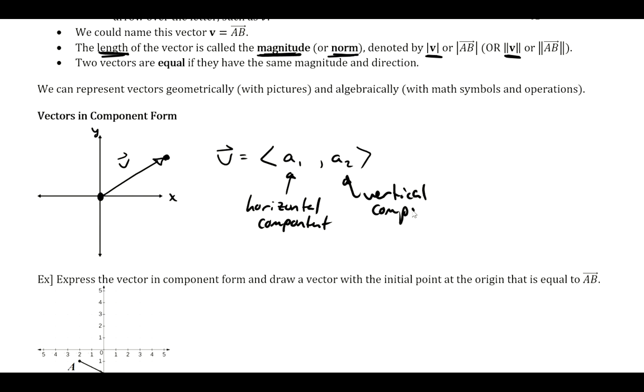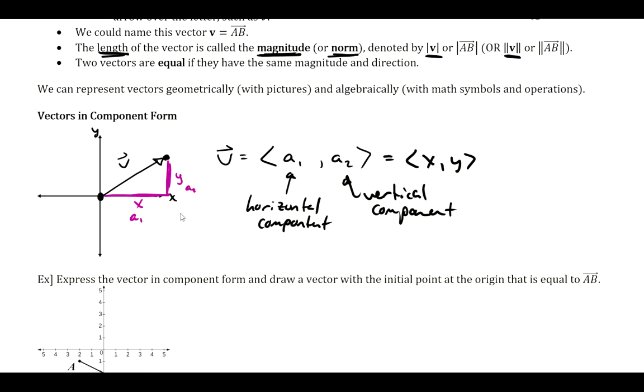I used A1 and A2, but we could change the letters. For instance, we could also say x comma y if we prefer. Our horizontal distance is x or A1, and our vertical distance is y or A2.